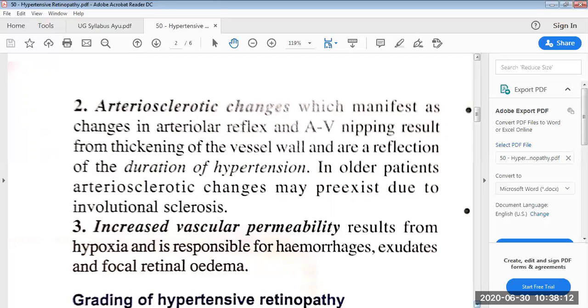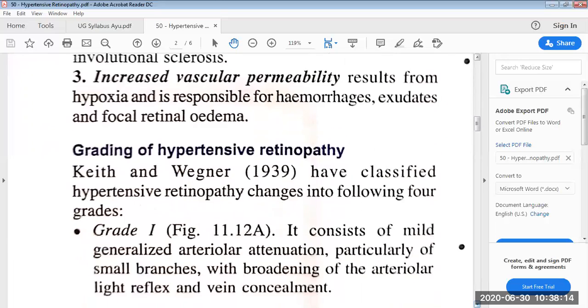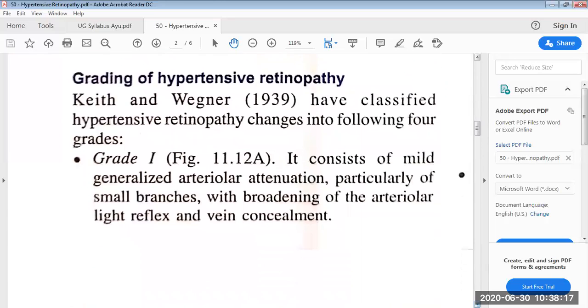The next point is the grading of hypertensive retinopathy. Keith and Wagner in 1939 have classified hypertensive retinopathy changes into following four grades. Grade 1 consists of mild generalized arteriolar attenuation, particularly of small branches, with broadening of the arteriolar light reflex and vein concealment.